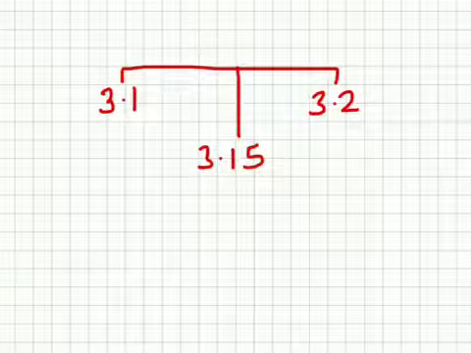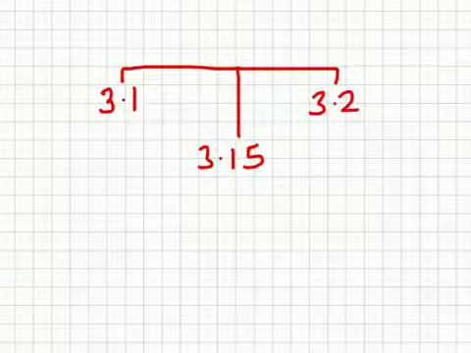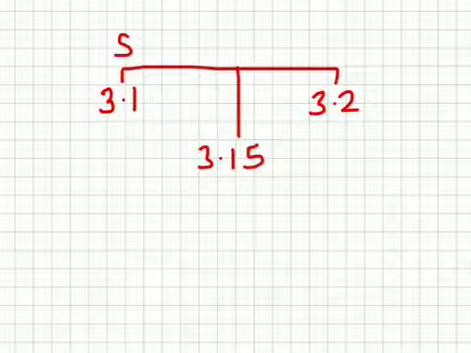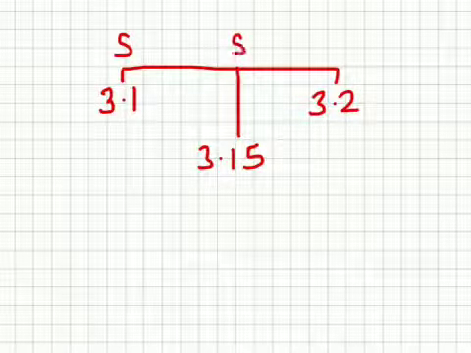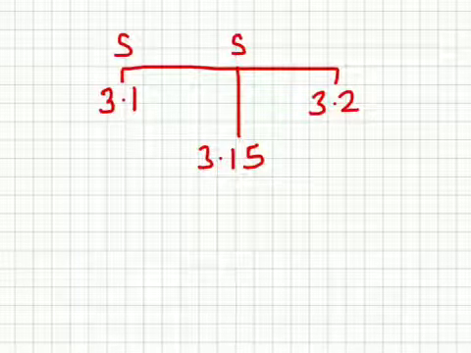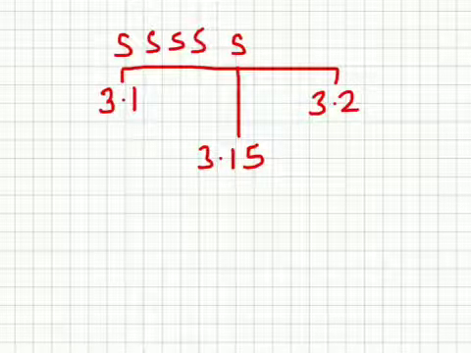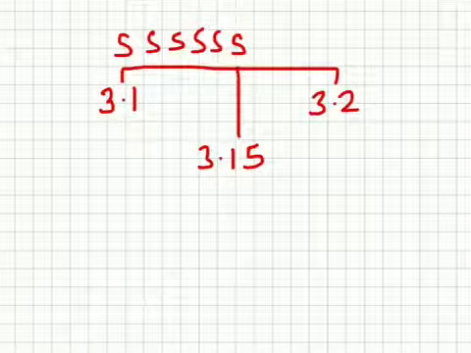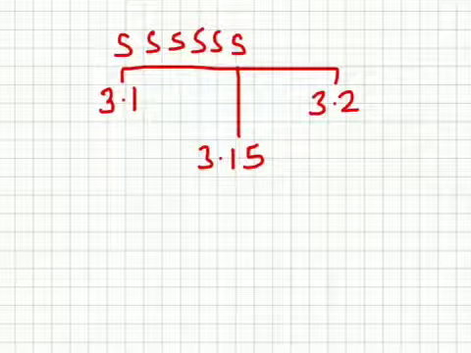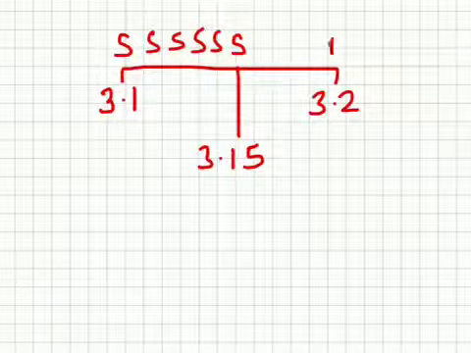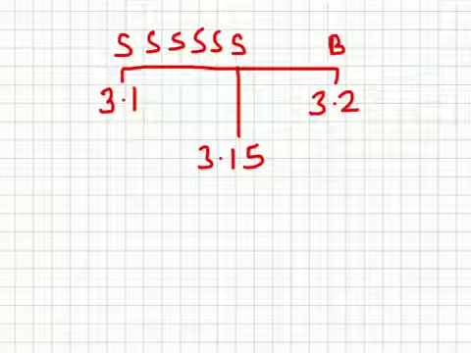It's a good idea to write out your solution like this. I know the answer lies between 3.1 and 3.2, and I know that 3.1 when we tried it was too small. I also know that 3.15 was too small. So I can now say that everything I would try anywhere between 3.1 and 3.15 would be too small. I know that 3.2 is too big.